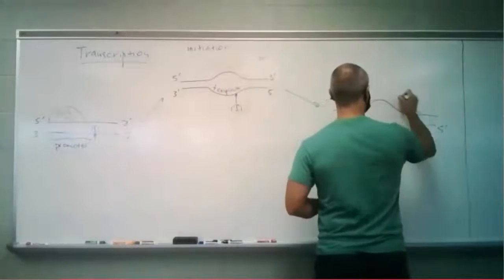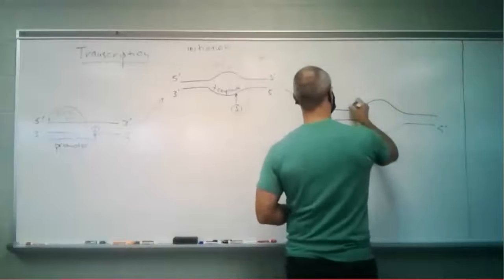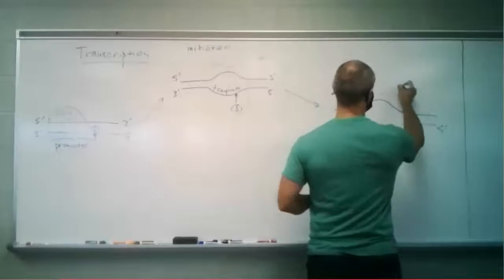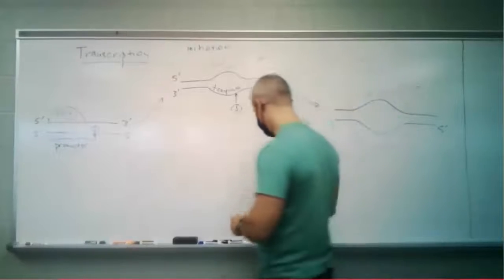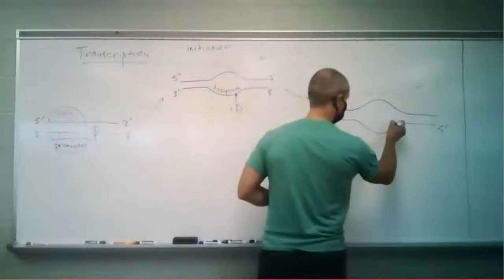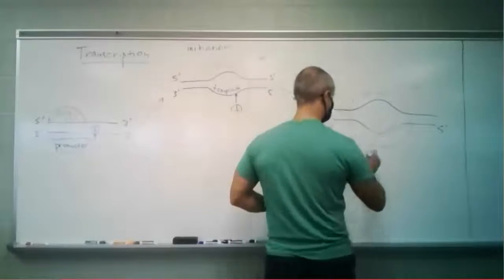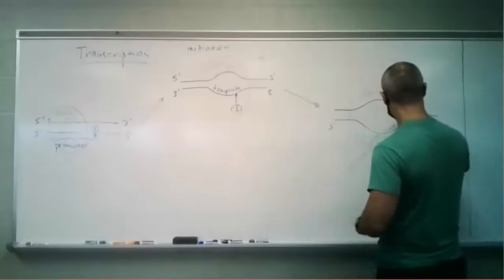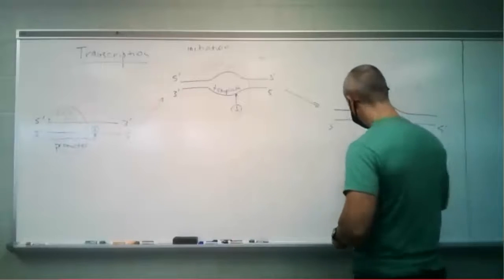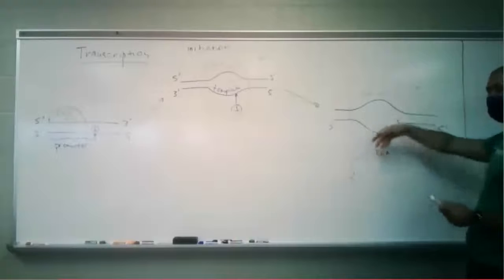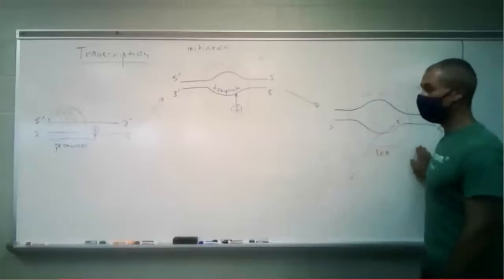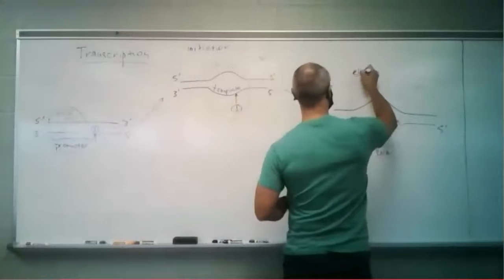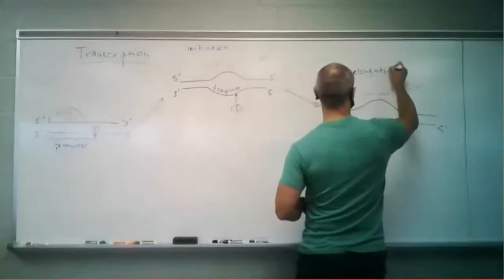We have RNA polymerase, which moves this way. And we have an RNA molecule kind of hanging off. Can you see that? So this is elongation. That's the snapshot of elongation.